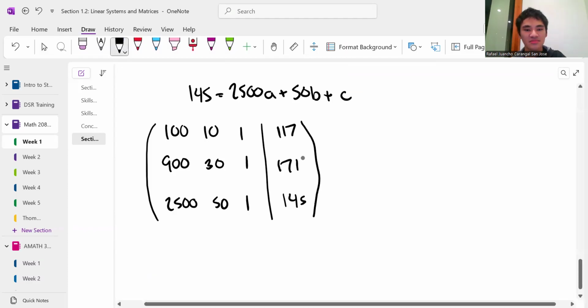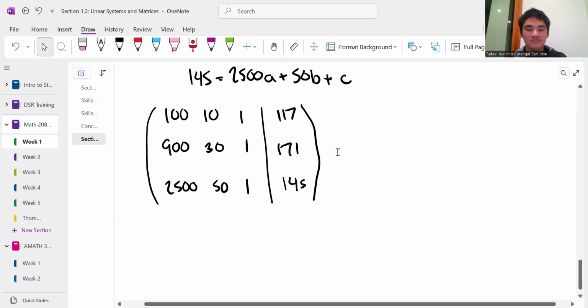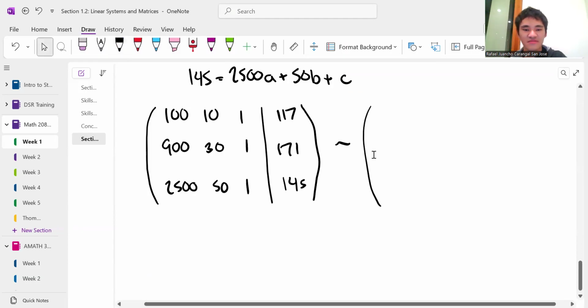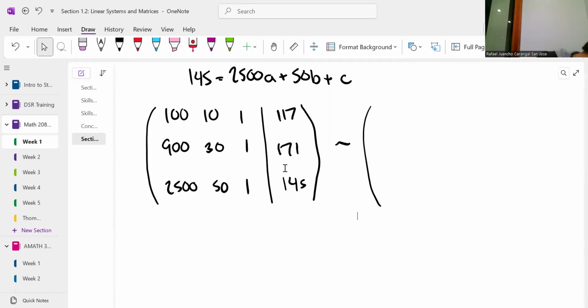Okay, I'm gonna do a couple of things actually. I'm gonna divide row 3 by 5. I think I can do that? Let me see, because I brought a calculator. Okay, I could actually divide these things.